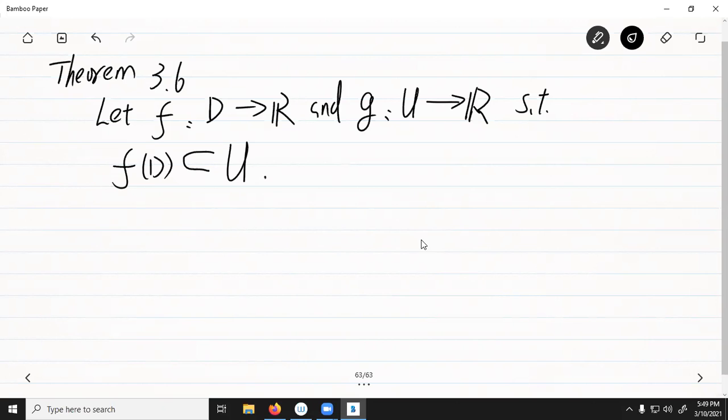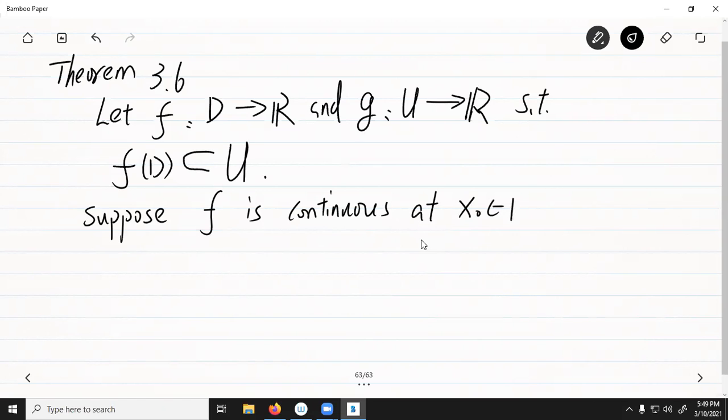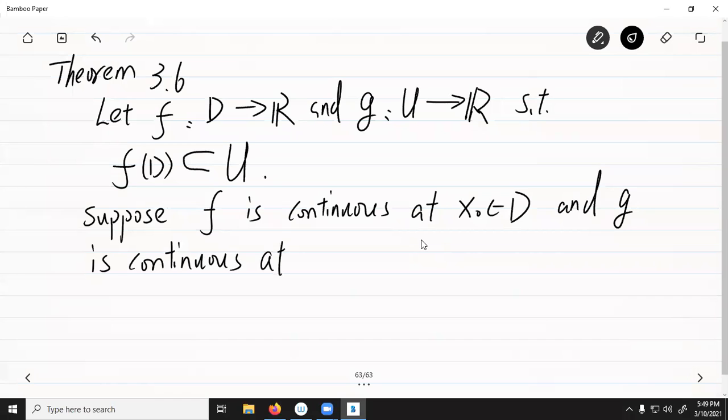Suppose f is continuous at x naught in D, where D is the domain, right? And g is continuous. And we know the range f of D is in U, so f of x naught is also in U, right?